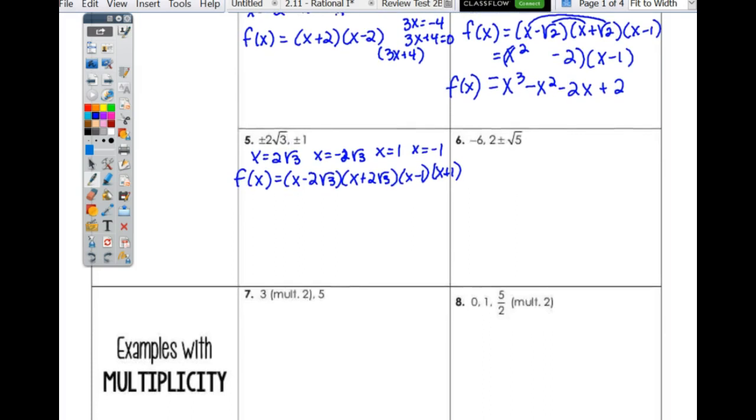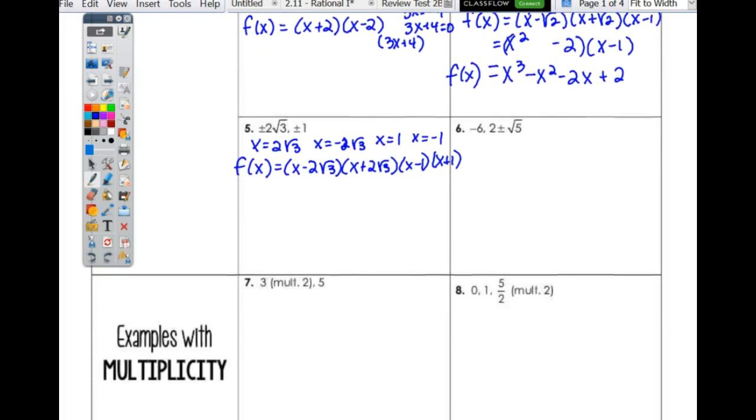So I'm going to multiply number 5 together with you. So x times x is going to give me x squared. My middle term is going to cancel out because I have a minus and a plus. And at the end, I have negative 2 square root of 3 times a positive 2 square root of 3.